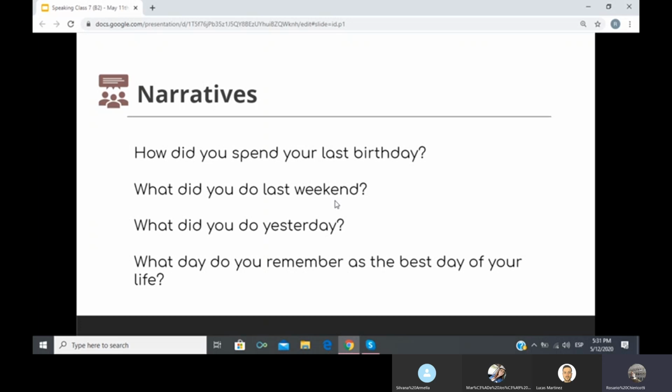Did he cook the cake? He promised, he said, he didn't. He didn't? Okay, Lucas, you owe the girls the cake. I feel the pressure. Okay, for next weekend, let's see.